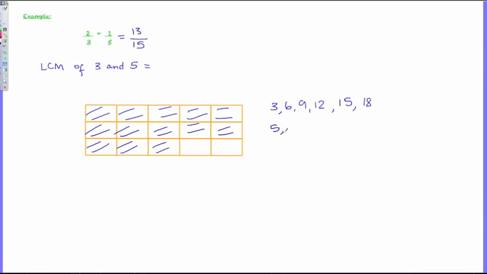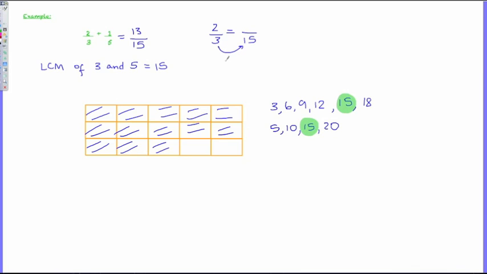For the 5 times table, 5, 10, 15, 20, the lowest common multiple is going to be 15.